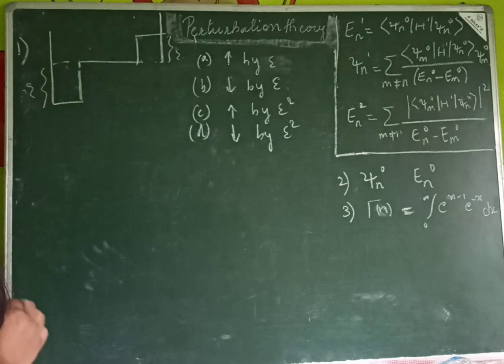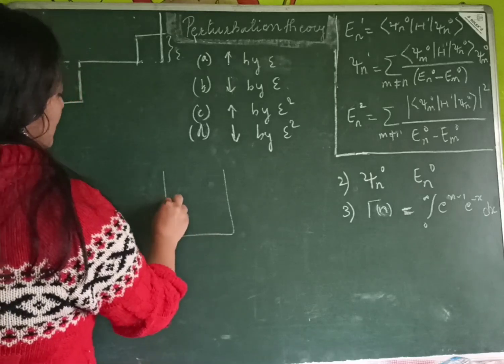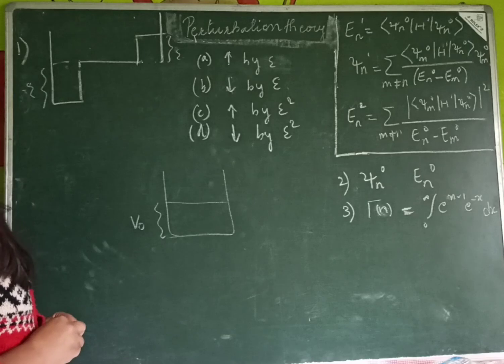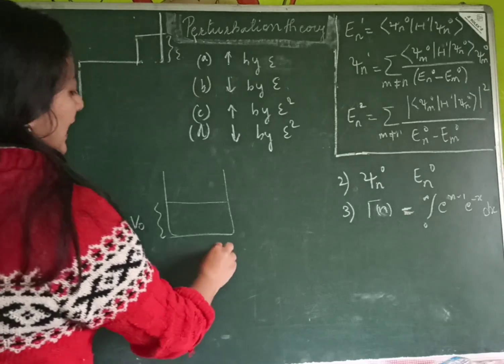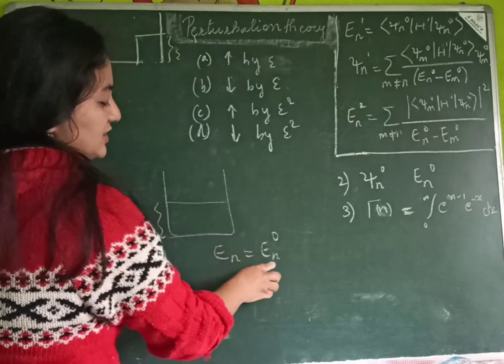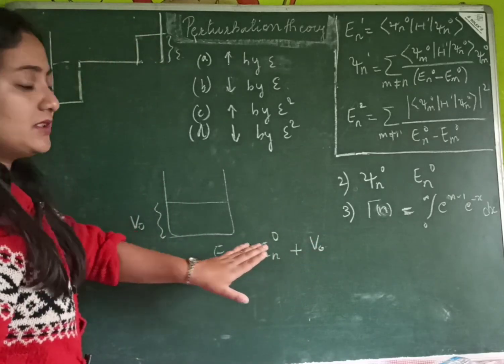In the first part I had done two problems wherein my infinite square well potential was raised by height V0, and hence my correction came out to be En0, the known part, plus V0, right?